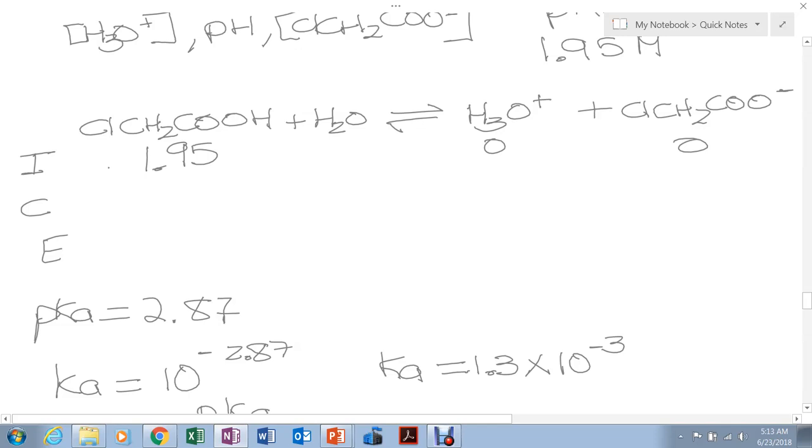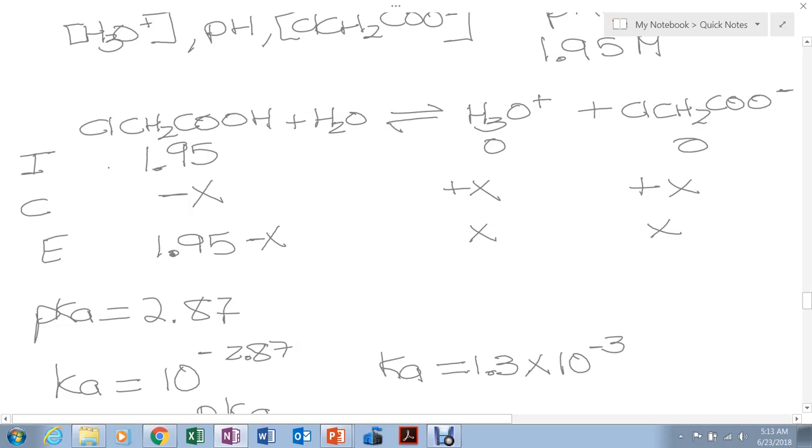So here, the change would be minus x, plus x, and plus x. So here would be 1.95 minus x. I forgot the plus x here. X and x.